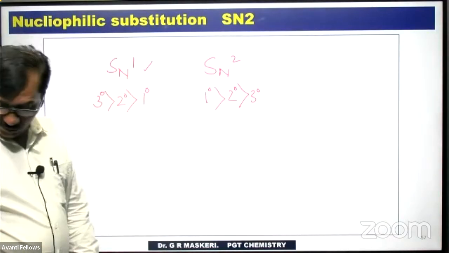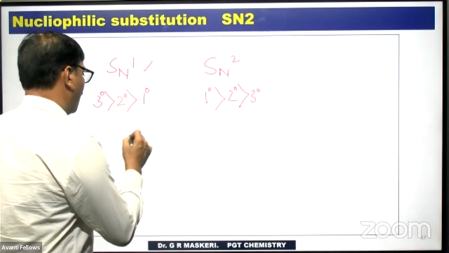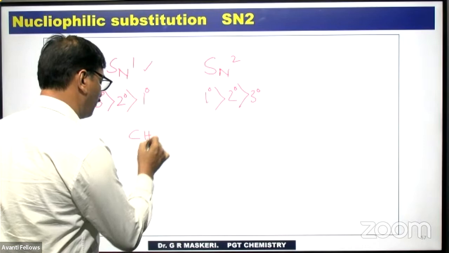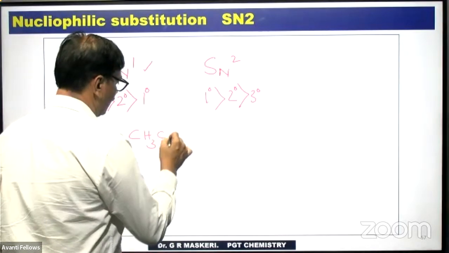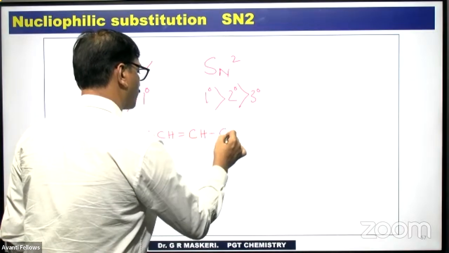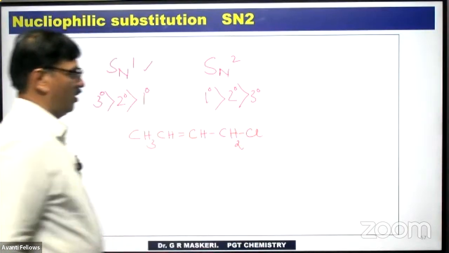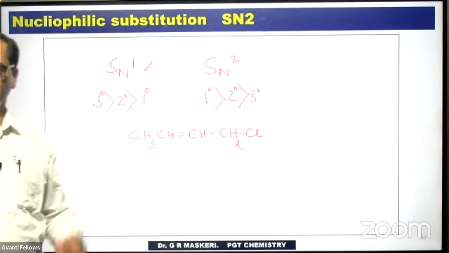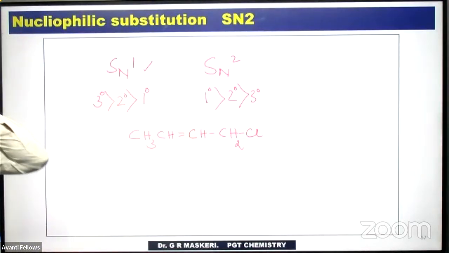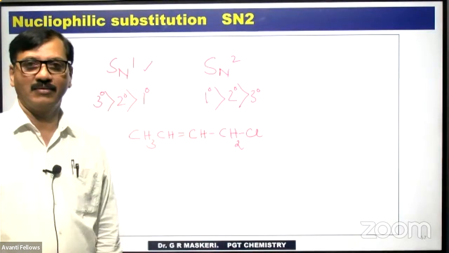Now, you may get a more complicated question: which path will this follow? If this is the haloalkane, CH3, CH double bond CH, CH2, Cl. Okay.